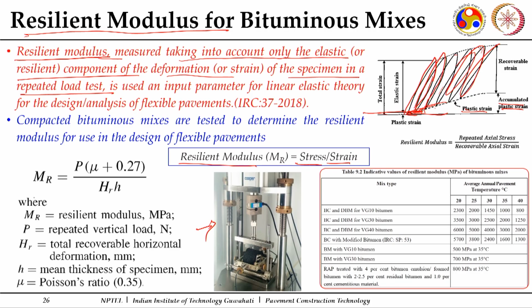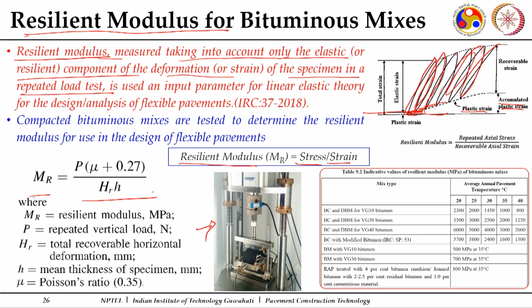This is the elastic strain, and this parameter is required as a strength parameter, as an input, when you do the flexible pavement design to compute your crust thickness. In this one, a diametrical loading is done, and the resilient modulus is computed from the load which is given.